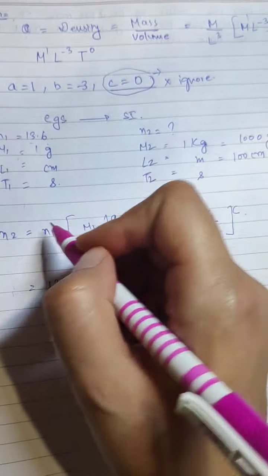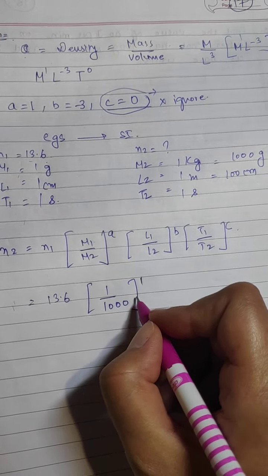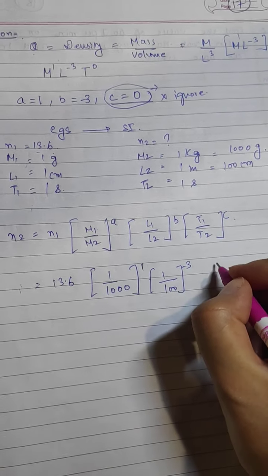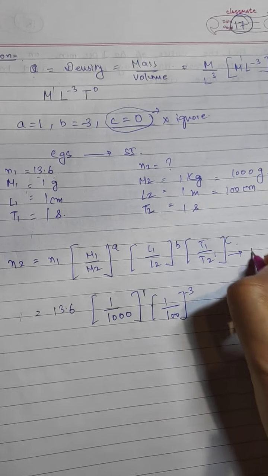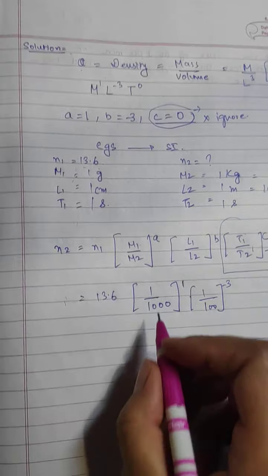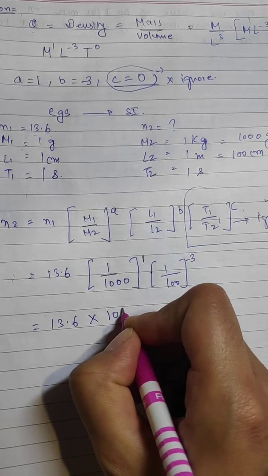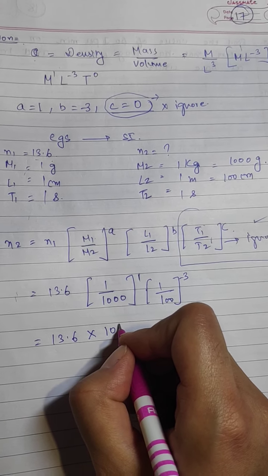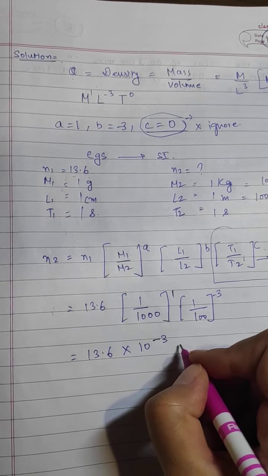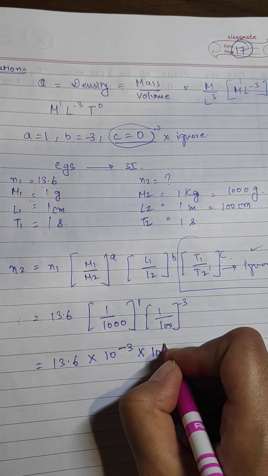Here M1 is 1, 1, 1. After that 1 by 100 raised to the power minus 3. There is no need to write the T part, so we are ignoring it. So we'll get 13.6 into 10 raised to the power minus 3 into 10 raised to the power 6.